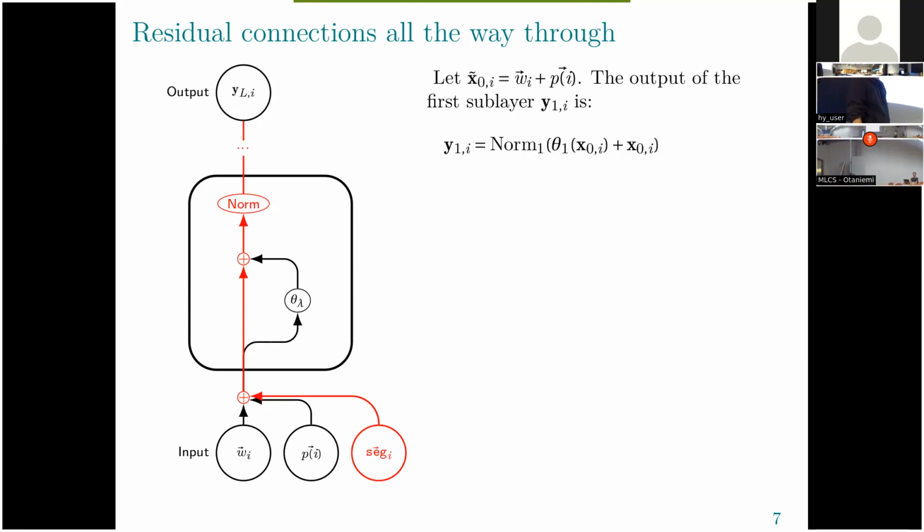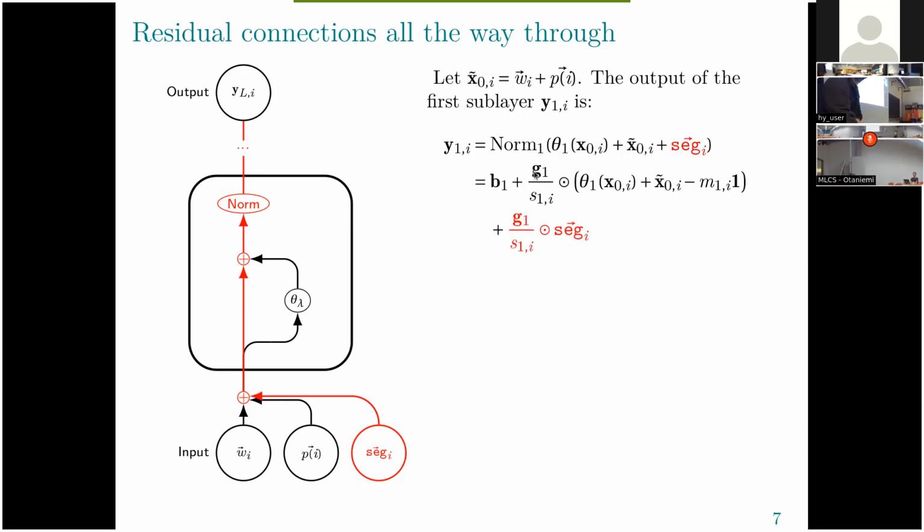So if we have a look more specifically, that is going to be what a sublayer looks like. So we have the computation done for that sublayer here. We have our residual connection, and we have our layer norm here. We can just pull out the segment encoding because they have been defined by simply adding them. We can also expand the layer norm. So here you would have your gain parameters, which is just an element-wise multiplication.